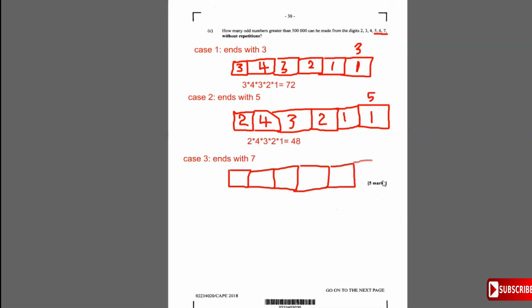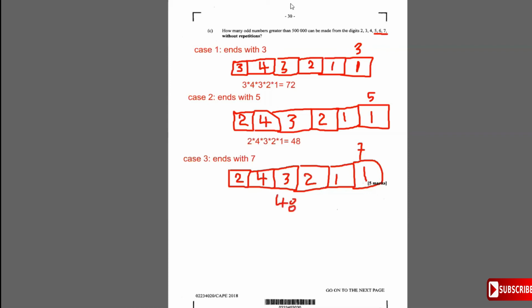So the number ends with a 7 in this case, so there's only one way for that. Then it has to start with 5 or 6. So that is 2. And then how many numbers are left? 4, 3, 2, 1. So again, this is going to be 48.